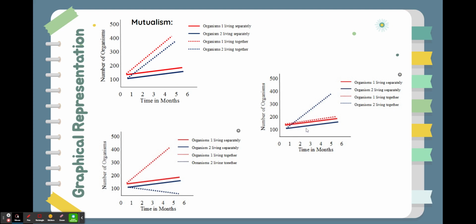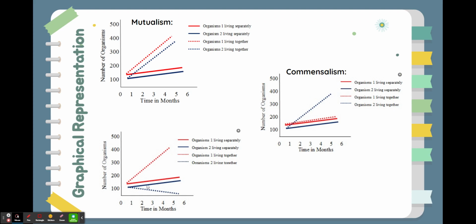Blue, on the other hand, organism 2, when it's living separately, does see a slight change from here to here. But when they're living together, that is a drastic increase in the number of organisms. So organism 2 is benefiting from this relationship. It benefits from living together, while the red organism, organism 1, is essentially unaffected, making that commensalism.